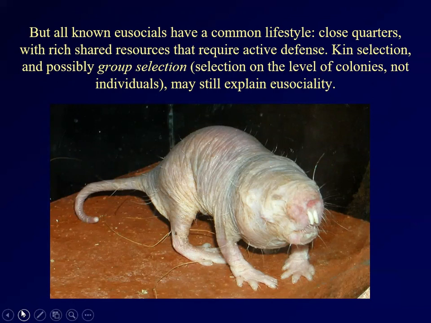Now, if you think about it, there's a sense in which you're not exactly eusocial, but the vast majority of cells in your body are going to die in your body without ever doing anything other than contributing to the overall survival of your body. Right? Only a very small number of your cells have any chance of ever giving rise to a new organism.